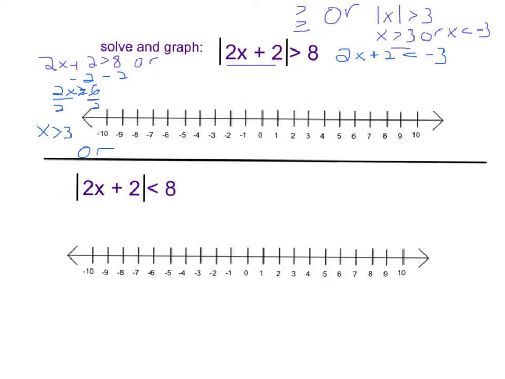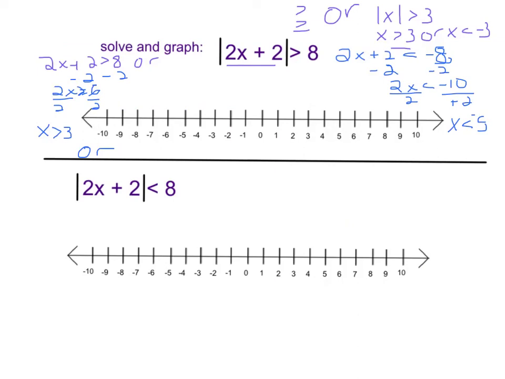Or, and I'll come over here and solve this one. Oh, and I put a 3, and it was supposed to be an 8. So minus 2, minus 2. So 2x is less than negative 10. Divide by 2, divide by 2. So x is less than negative 5.